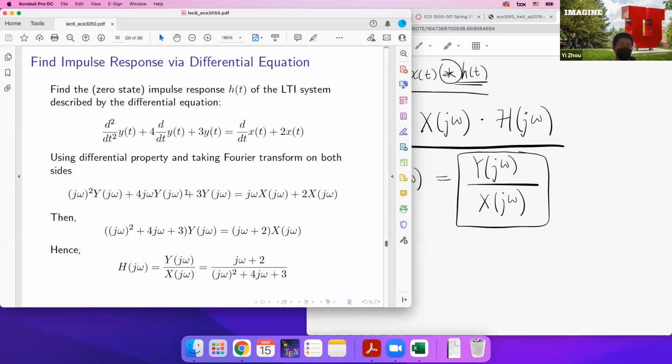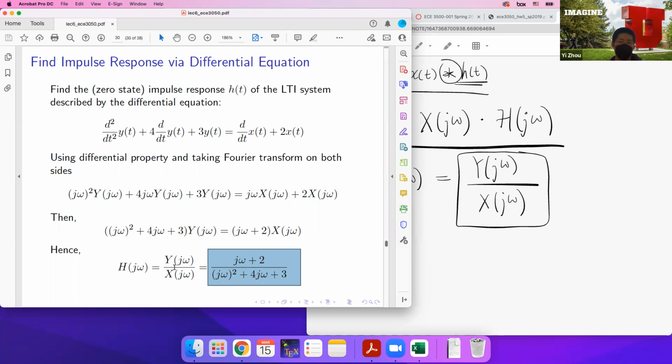So you rearrange all the terms, and you end up with a very simple equation: a complex number times capital Y equals another complex number times capital X. From this equation, you can figure out the spectrum ratio: capital Y over capital X is given by this complex fraction.